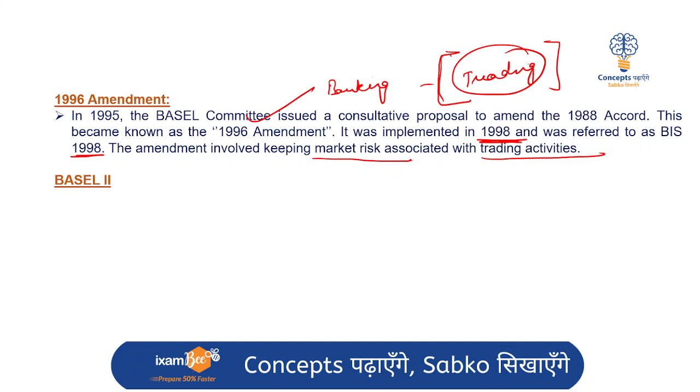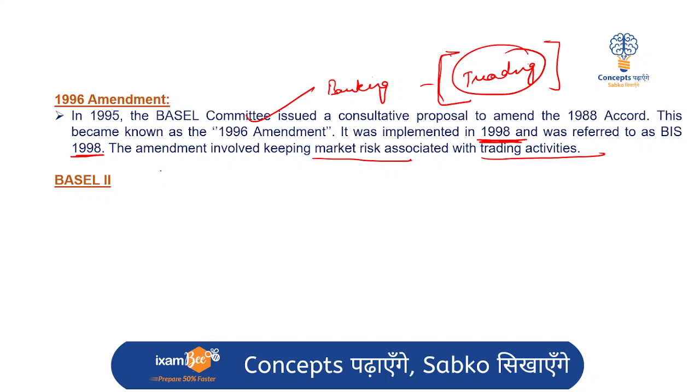And then Basel 2. There were some lacunae in the Basel 1 Accord, because all loans by a bank to a corporation had a risk weightage of 100% and required the same amount of capital.